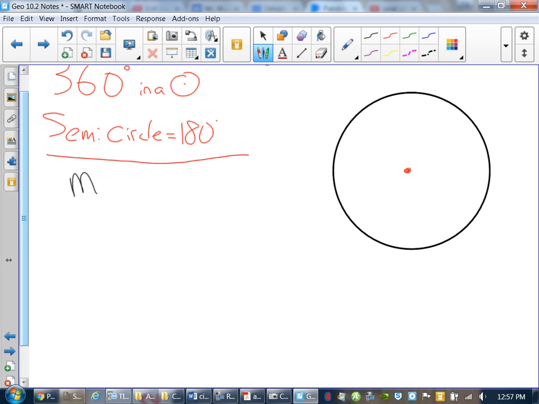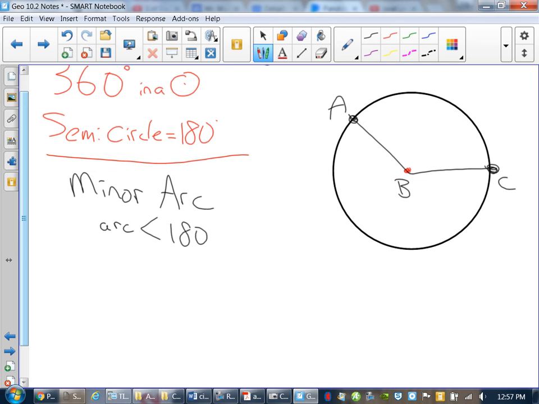Let's do this. We have what's called a minor arc. A minor arc is the measure of an arc on a circle that's less than 180 degrees. It's an arc that measures less than 180 degrees.